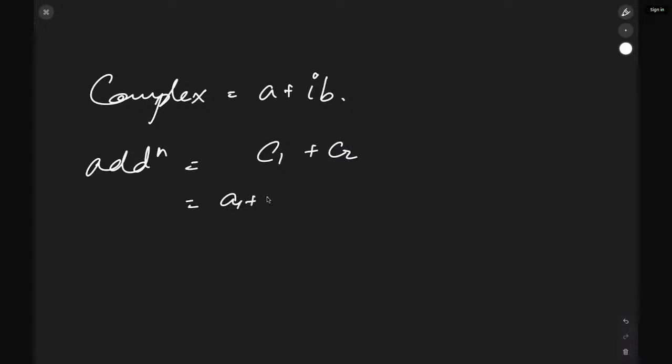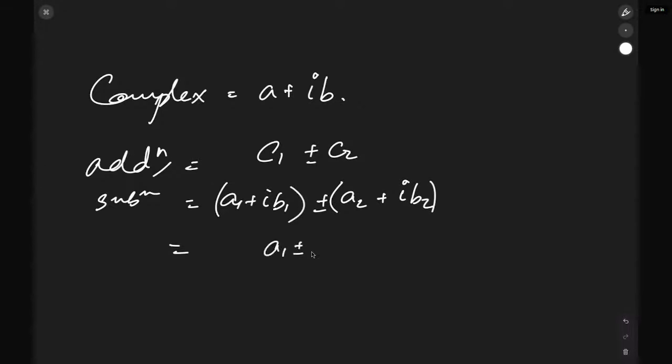So it will be A1 plus iota times B1 plus A2 plus iota times B2, and for addition or subtraction, it will be A1 plus minus A2 plus iota times B1 plus minus B2. Alright, so this is the basic concept for addition, subtraction.